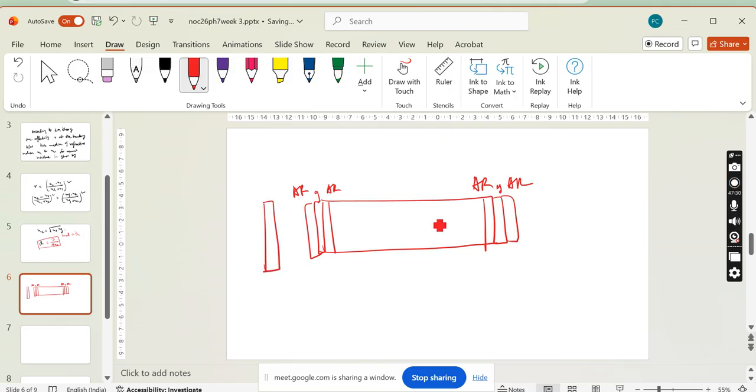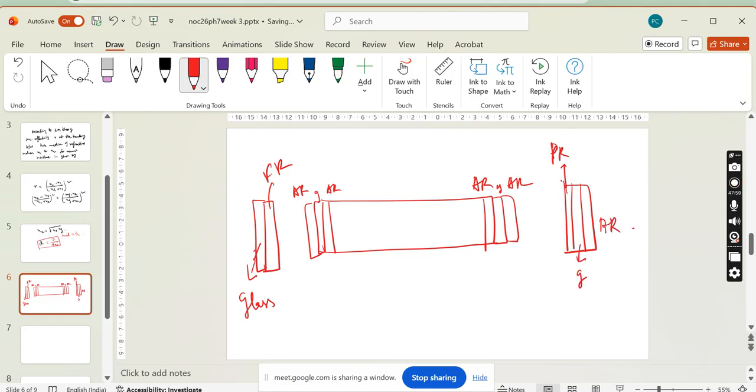And the cavity forming boundary can have this structure. We need a partially reflecting surface on one side. So this side needs a partially reflecting coating, glass and anti-reflection coating.